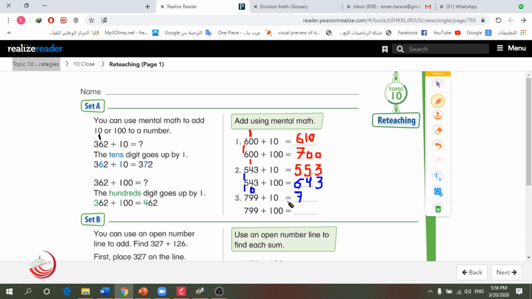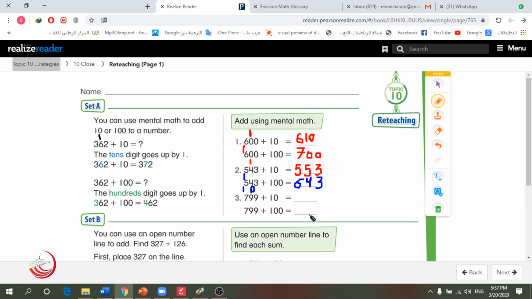So is my answer here correct? Should I leave it 7? No, teacher. You should change it, or let me just remove it. So here it will be 1 plus 9, 0, and I will put the 1 here.